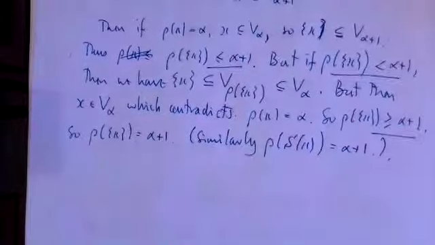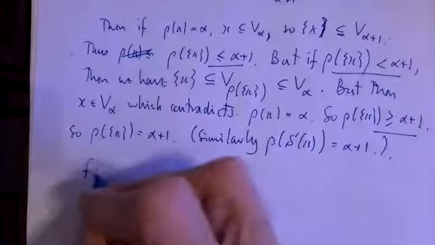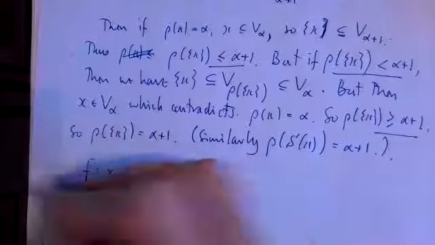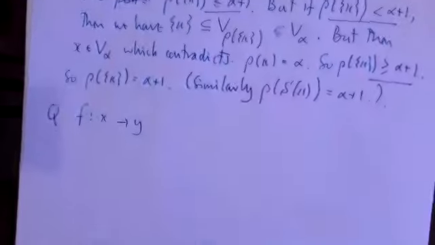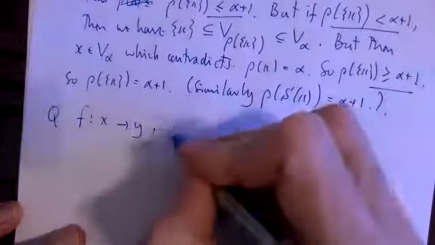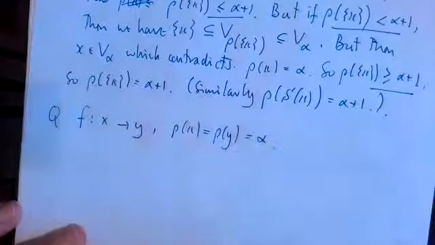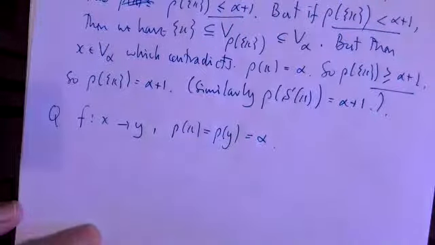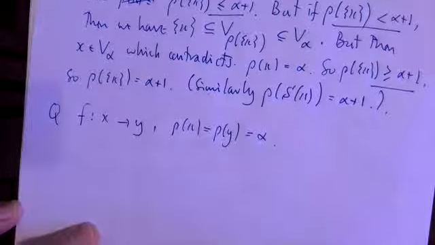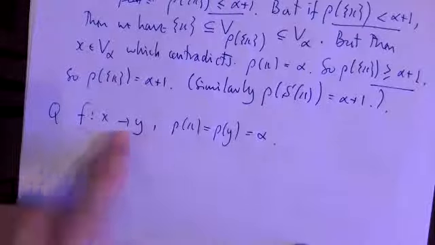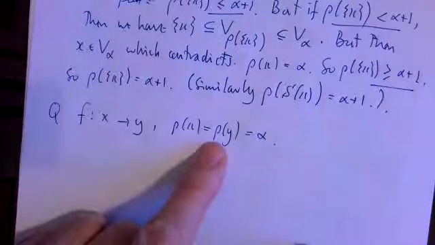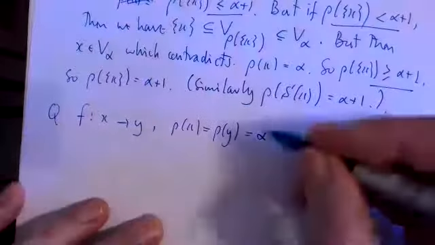So somebody's just asked, if I've got a function F from X to Y, and both the rank of X and the rank of Y equal alpha, what is the rank of F?